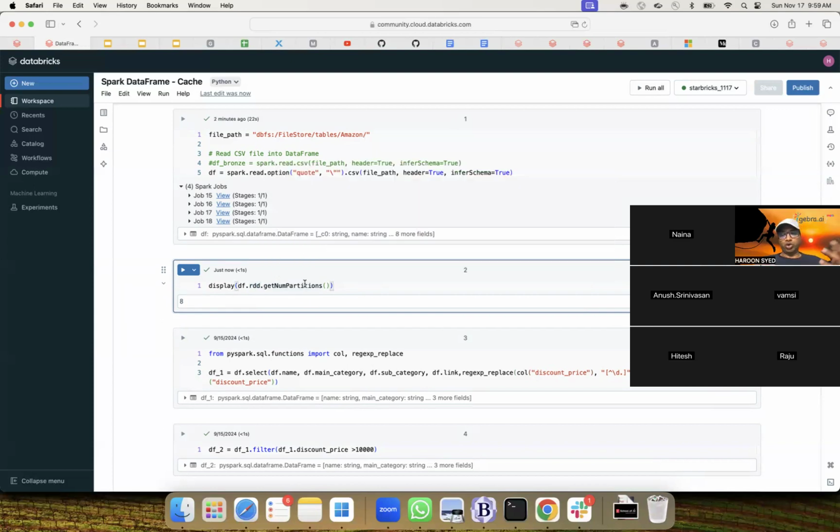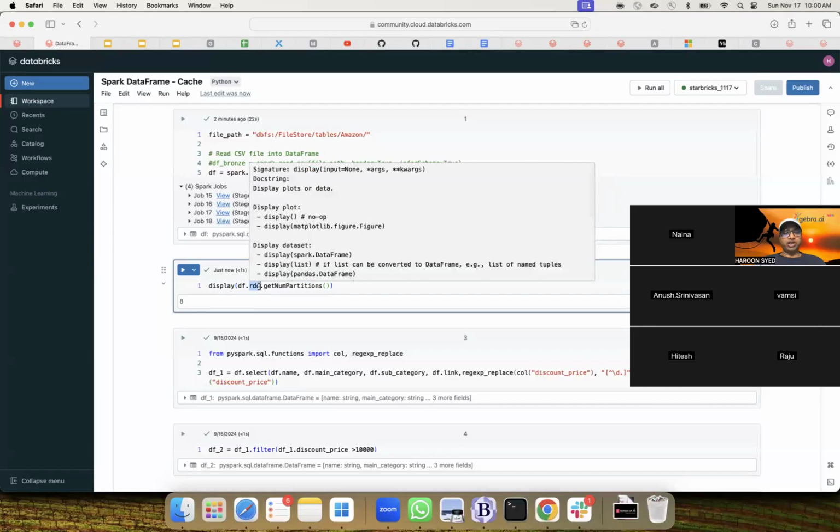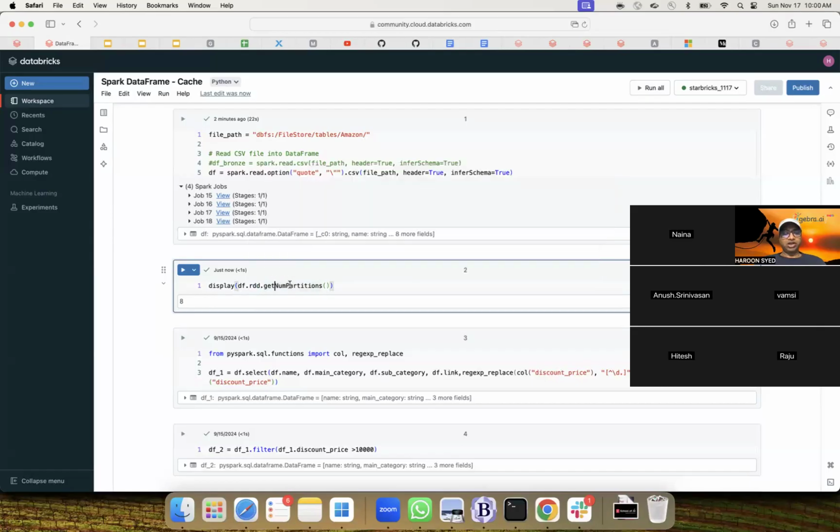So if I want to know how many partitions the current data frame has, I have to get it from the underlying RDD object. This is implemented at the RDD level. So data frame dot RDD will get you an RDD object, and in that you get num partitions. So this is now showing 8 partitions.